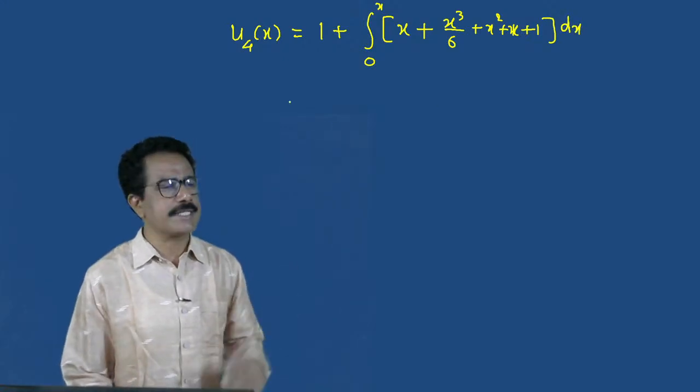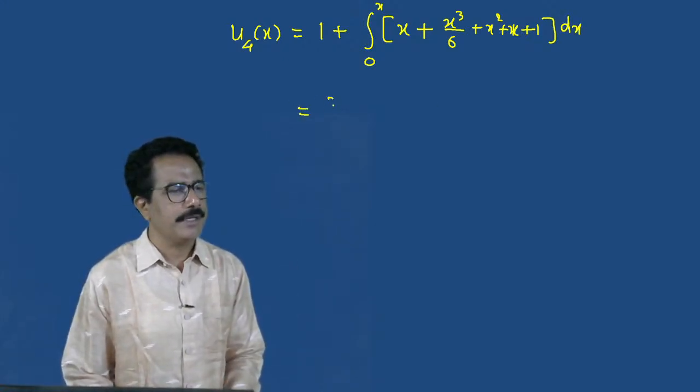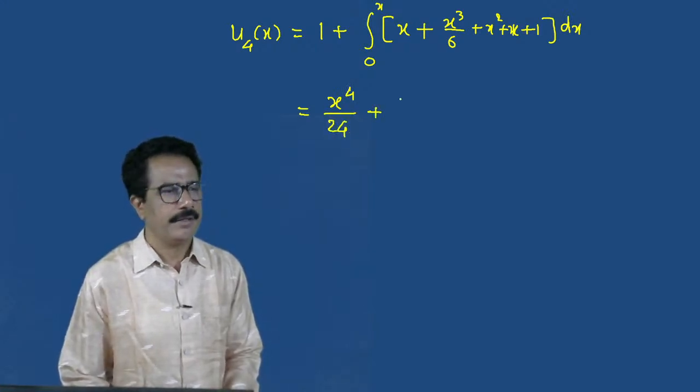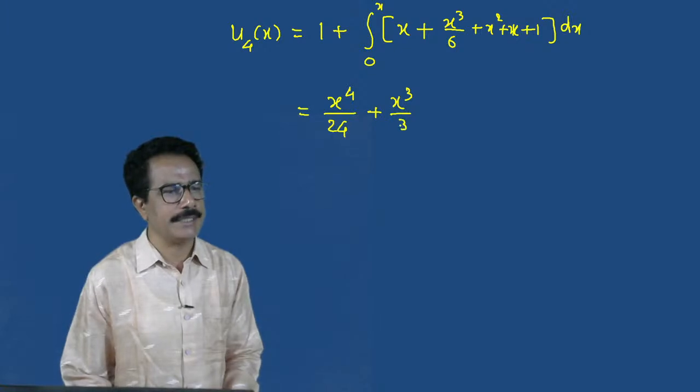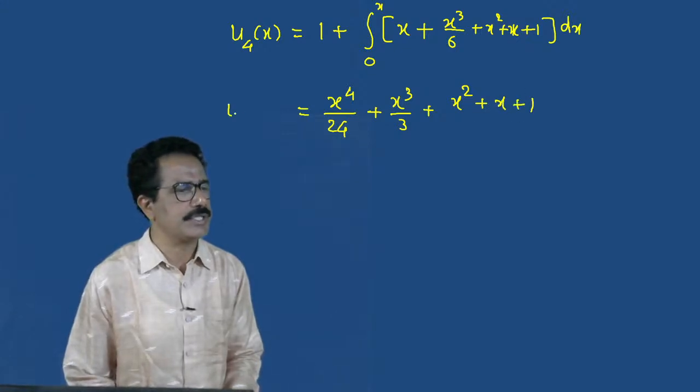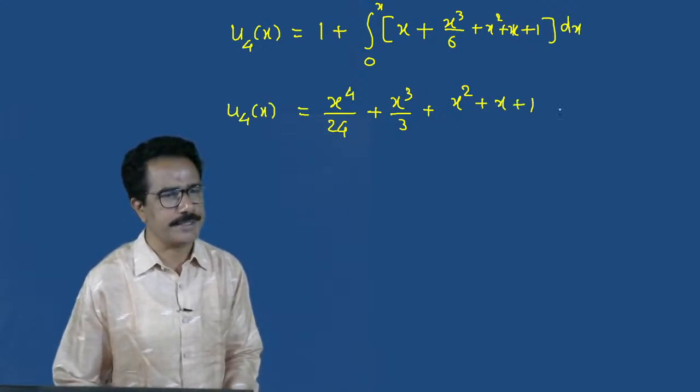Calculate this, and the final answer is x raised to 4 by 24 plus x cube by 3 plus x square plus x plus 1. This is u4 of x.